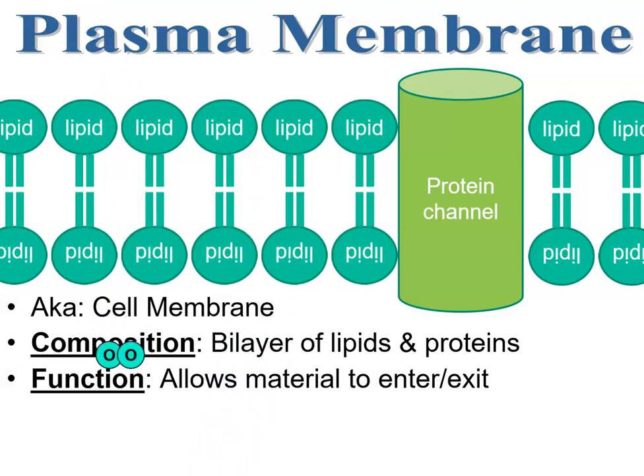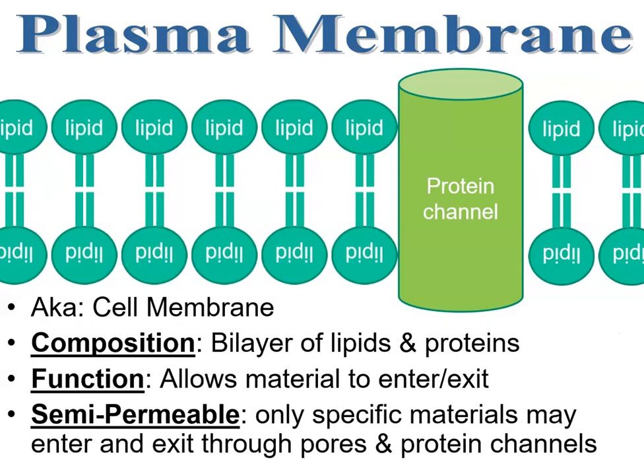Some things are small and can go right through the lipid bilayer, but some things, like glucose, are too big and need a special protein channel, like a bigger doorway, to go through. We call that semi-permeable. Semi means sort of, and permeable means penetrate, so it only allows certain materials to come in and go out of the cell.